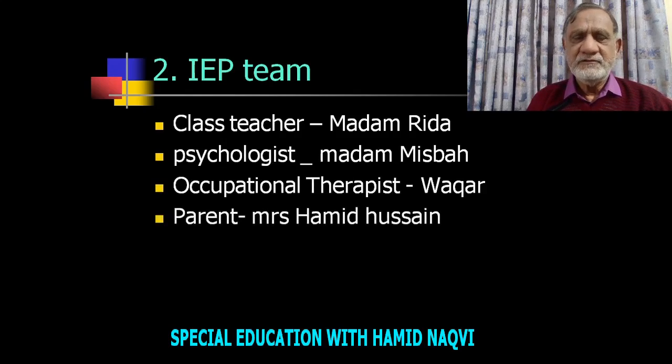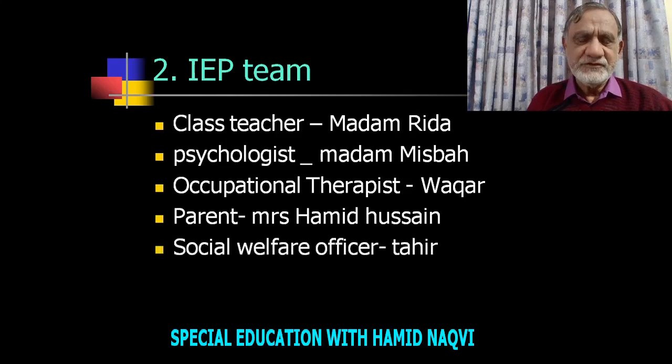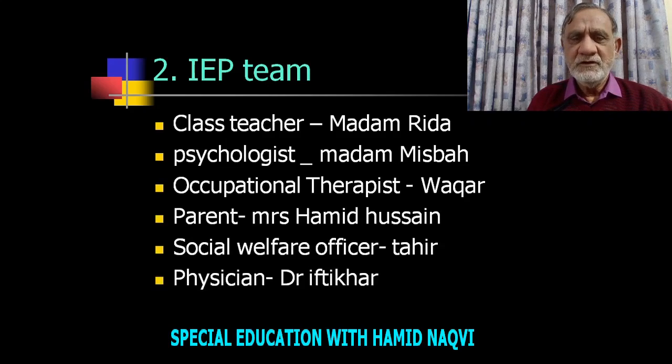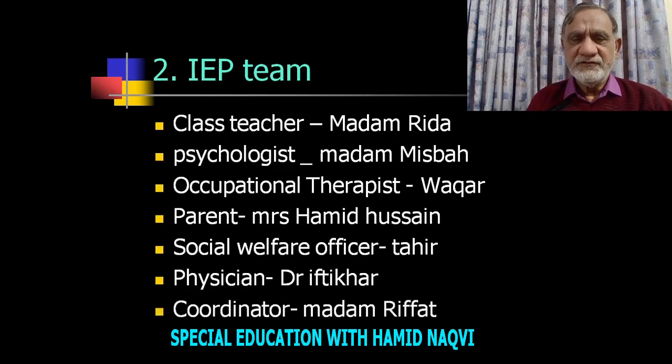Then the parent, mother of the child, that is Mrs. Hamid Hussain. Then a social welfare officer is also required. We'll come to know why later. Then a physician, the doctor, would also be a member of the IEP team, that is Dr. Iftikhar, and a coordinator, of course, would be there, and Madam Rifat would act as coordinator.